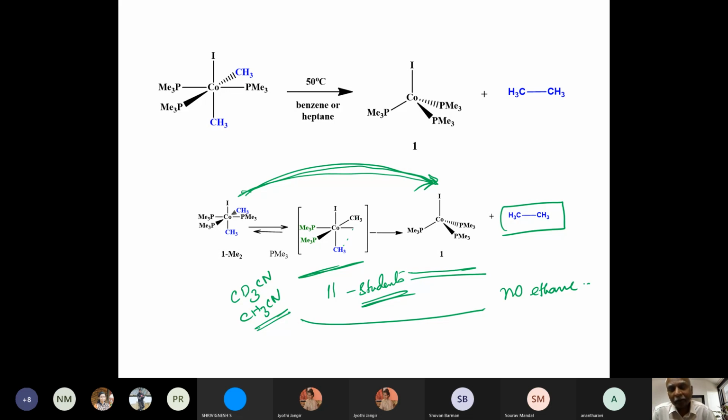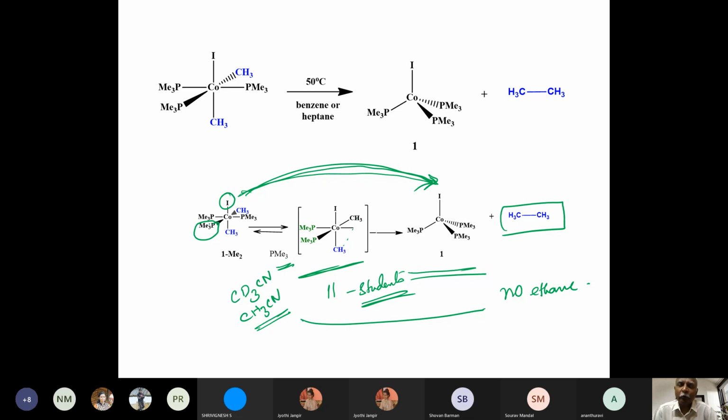Since it's difficult for me to keep asking questions, but let me ask you another question. How can they be sure that PMe3 dissociation is involved and not I- dissociation? There are two species.